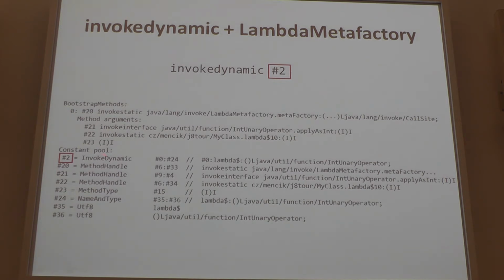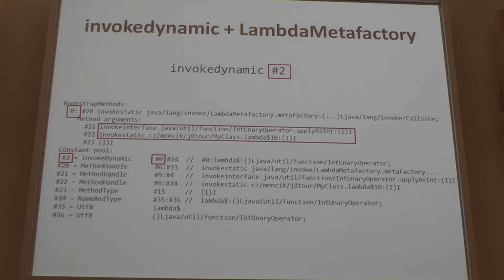And here we see that #2 is invokedynamic #0:#24, and 0 is a reference to a bootstrap method in java.lang.invoke.LambdaMetafactory, the metafactory method, and it returns something called a CallSite. That's also something defined in java.lang.invoke, and it's basically something that can invoke method calls.